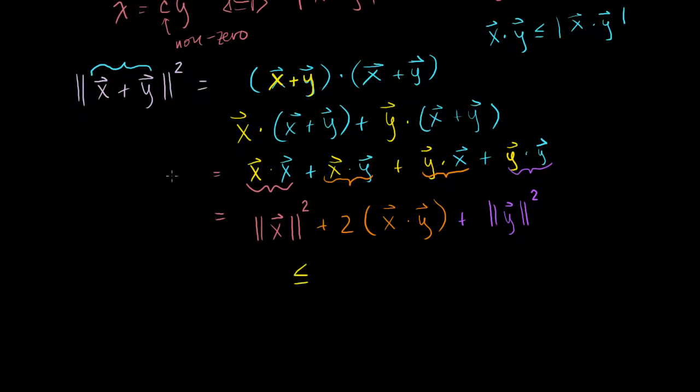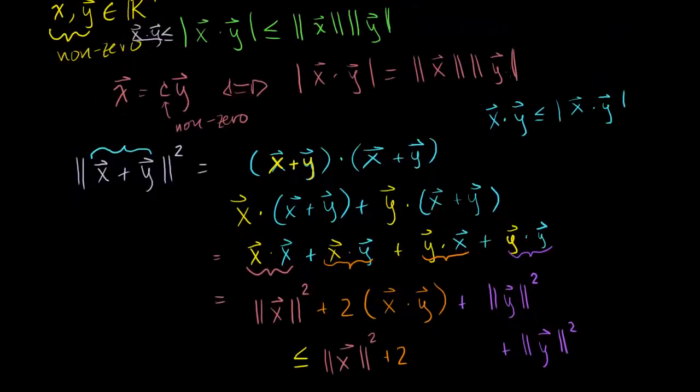So that is definitely less than or equal to, I'm just rewriting this length of x squared, and I'll write the plus 2 there, but I want to make it very clear what I'm replacing here. And then I have the plus length of my vector y squared. Now this is definitely less than the absolute value of x dot y, which is definitely less, by the Cauchy-Schwarz inequality, than the product of the two lengths.